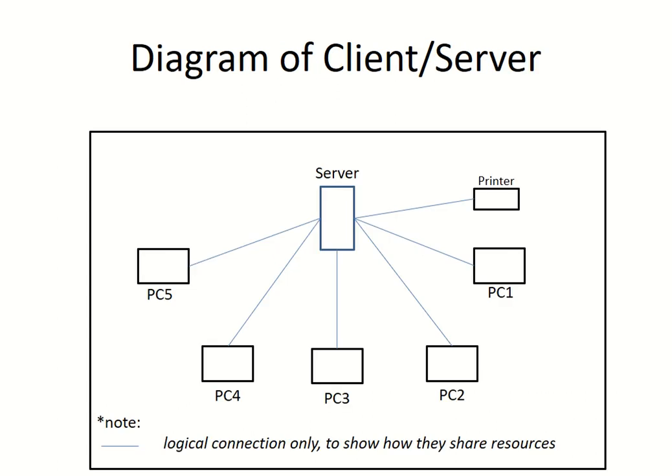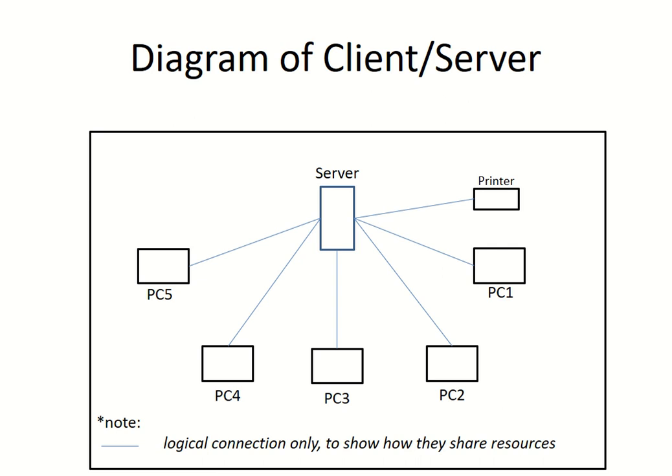This is a diagram of client-server. Okay, it is different. If you still remember the diagram of the peer-to-peer network, all the peers are connected to each other and have equal capabilities and responsibilities. It's different in client-server, because the server is a centralized storage and the other workstations or computers, which are clients, will request the information and data from the server. We can see here that the server is a centralized storage, and there is a footnote: logical connection only, which is to show how they share resources.